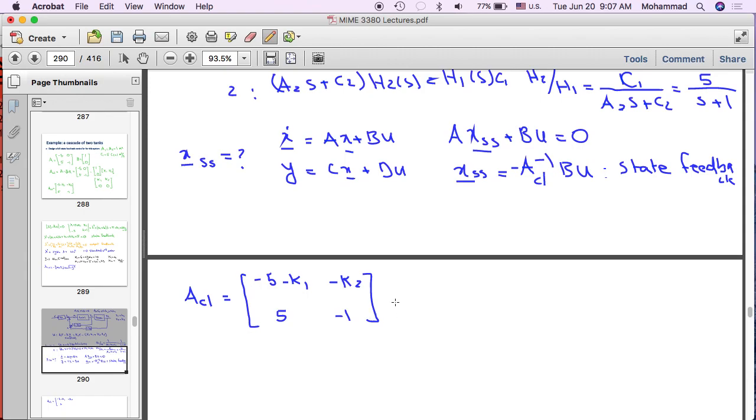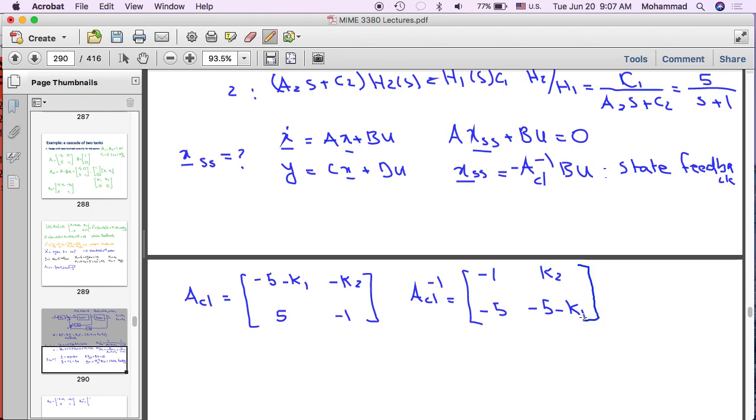So let's find the inverse of that. So A closed loop inverse is going to be, it's a 2 by 2. So we change places of the diagonal elements and change the sign of the off-diagonal. So it's minus 1 here, this is K2, minus 5 here, and minus 5 minus K1.